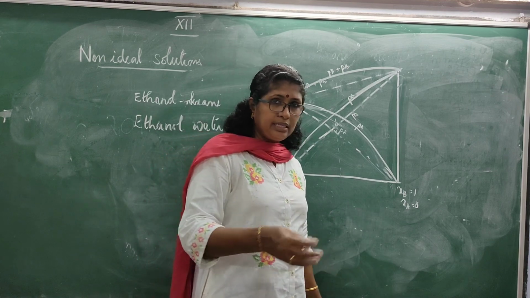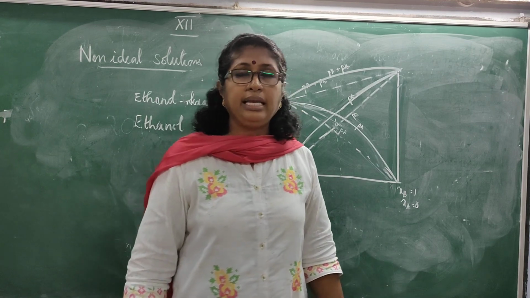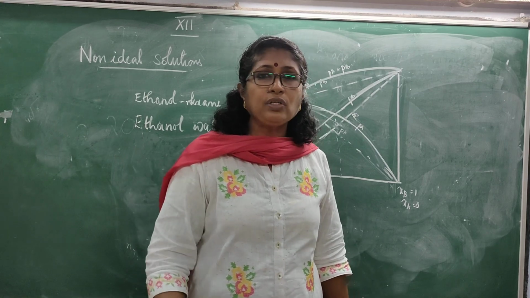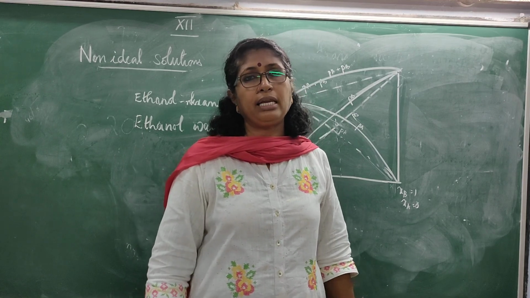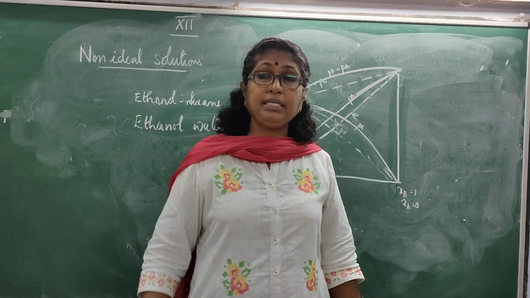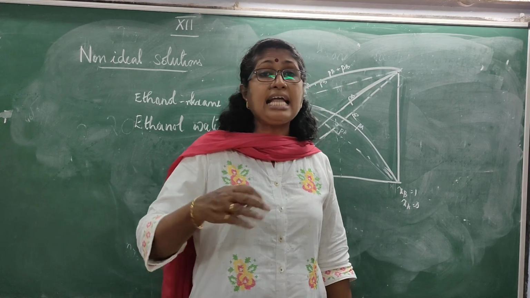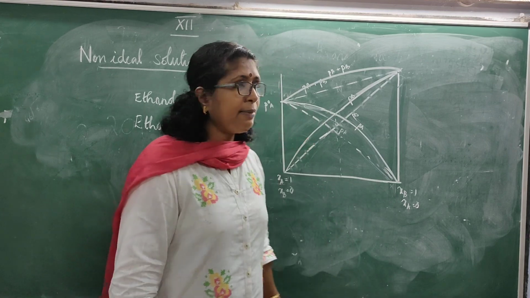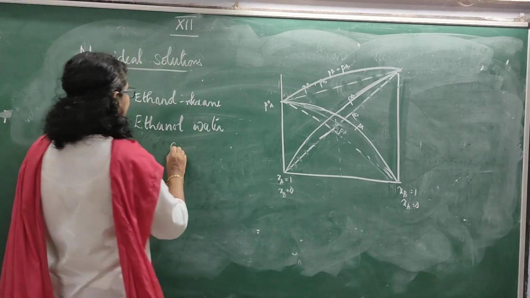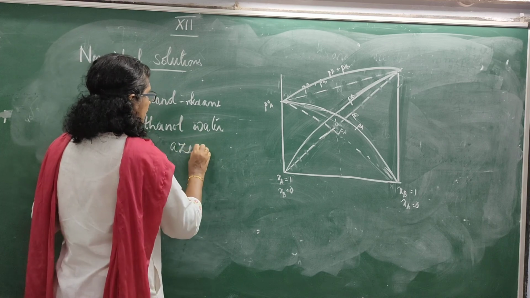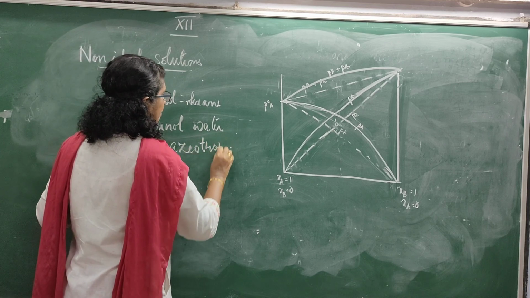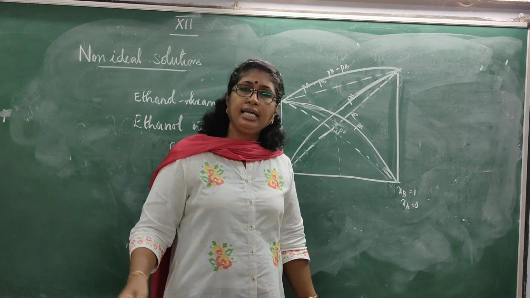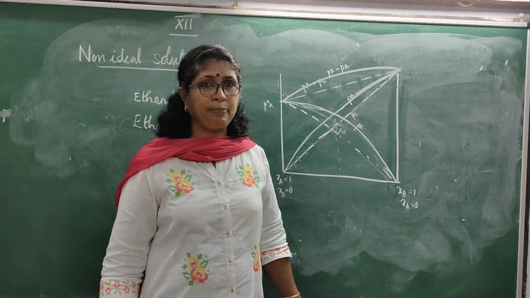Suppose it is 95% alcohol. When you distill it, in the vapor phase also it will be 95% only. The remaining 5% will be water. That means the liquid phase and vapor phase have the same composition. Such mixtures are called azeotropes. Azeotropes are mixtures which have the same composition in liquid phase as well as in vapor phase.